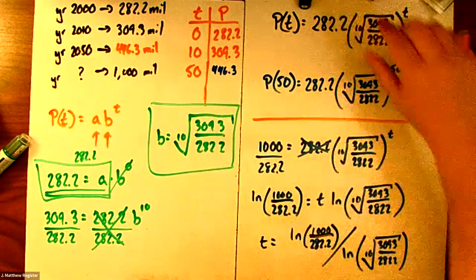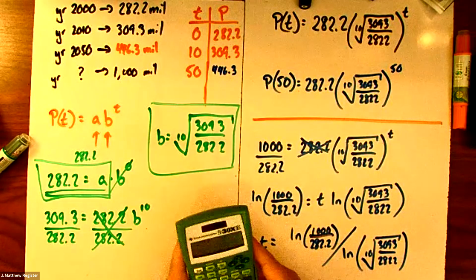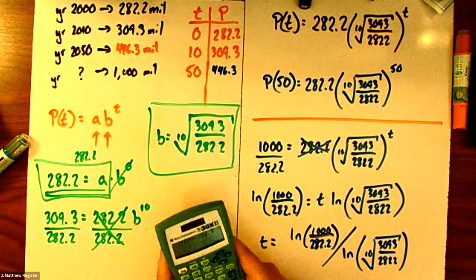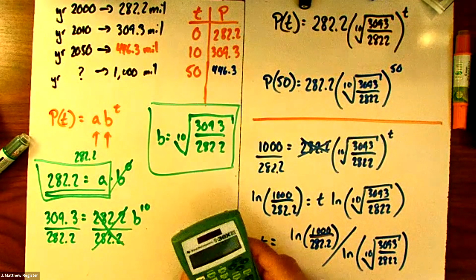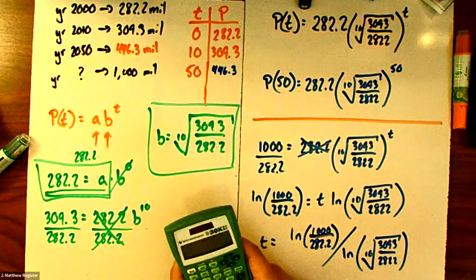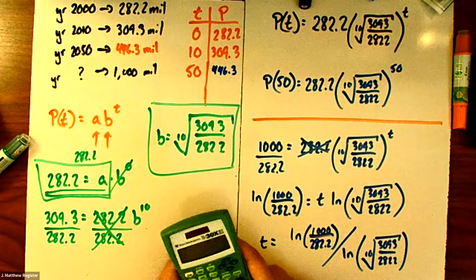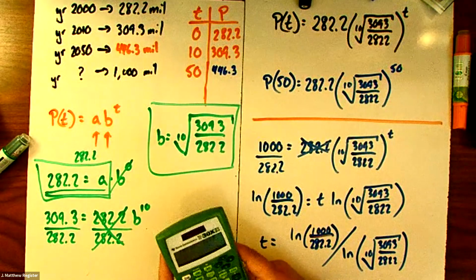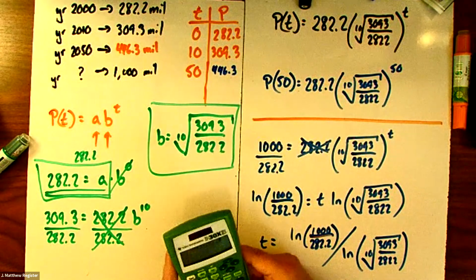And now we plug it into our calculator and hope for the best. Natural log of 1,000 over 282.2 divided by the natural log of the 10th root. So I'm going to use the x root of parenthesis 3093 divided by 2822.